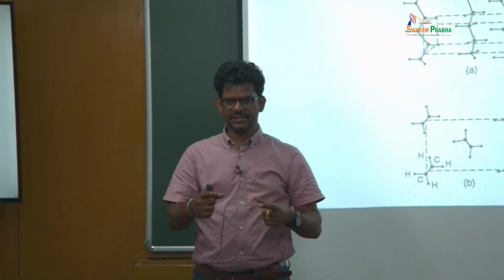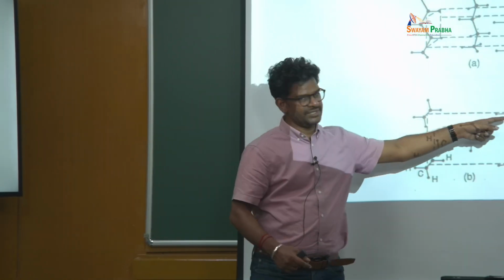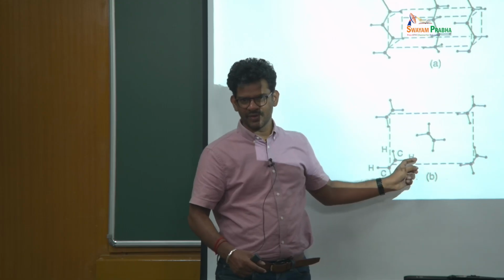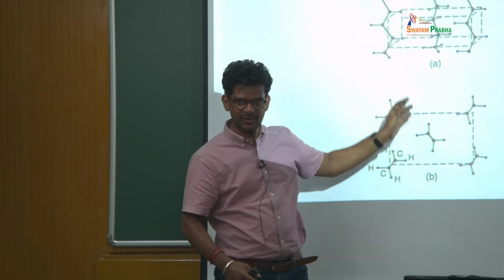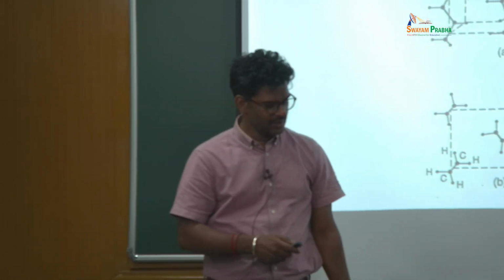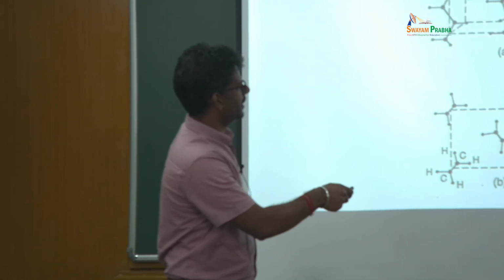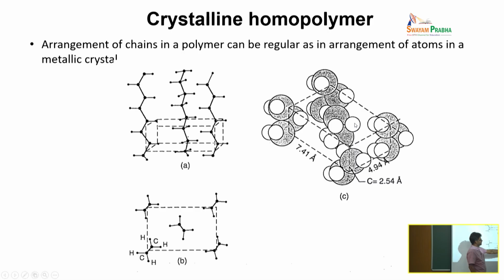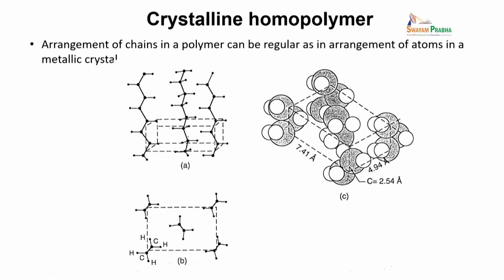Whereas in atomic crystals, individual atoms sit in these lattice positions, in a polymer, since it is a chain-like molecule, this will go further to other unit cells also. Here it is shown in a cartoon form. This is a CH2 group here, there is another CH2 group here, and so on, okay.